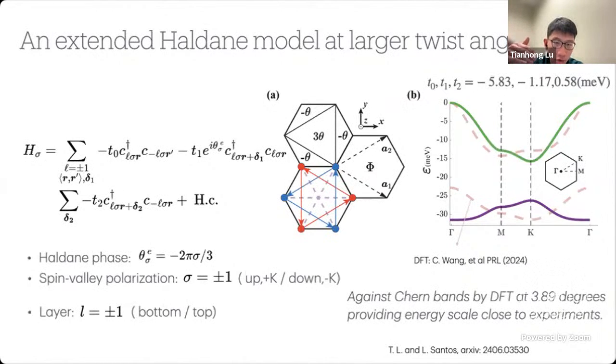So we're currently adding more and more hopping parameters like fourth, fifth, sixth, so longer range hopping, to first get the energy-wise and also topology-wise closer to that of the continuum model calculation, and we expect an exponential decay of those longer range hoppings. We're still working on that.